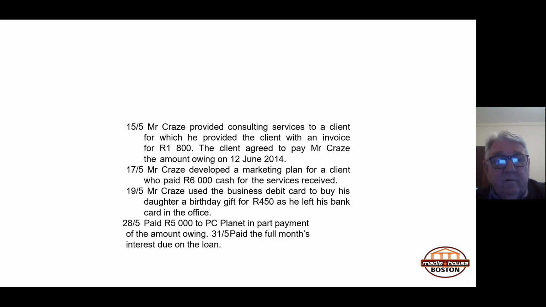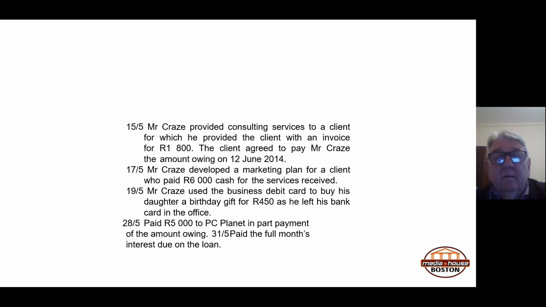My bank balance reduces, which means my assets reduce. Okay, where did it go to? To PC Planet, which is a creditor or accounts payable. But if I pay it to them, it reduces that balance. Okay, so my assets will be minus 5,000 and liabilities will be minus 5,000.